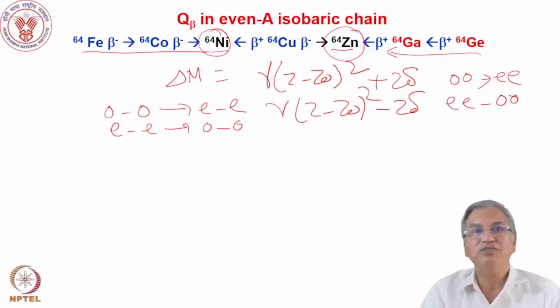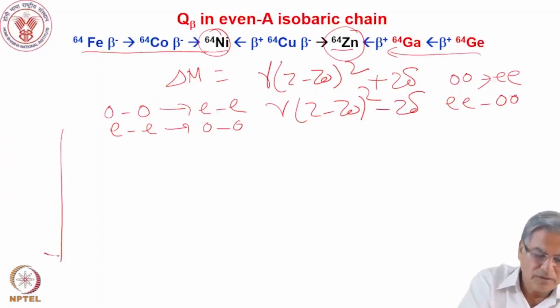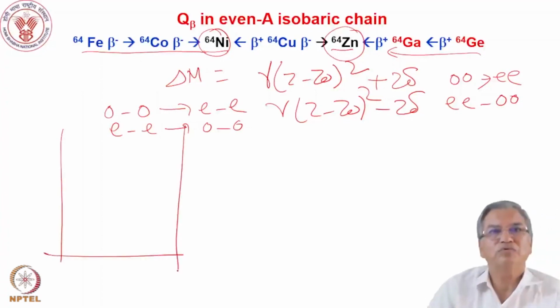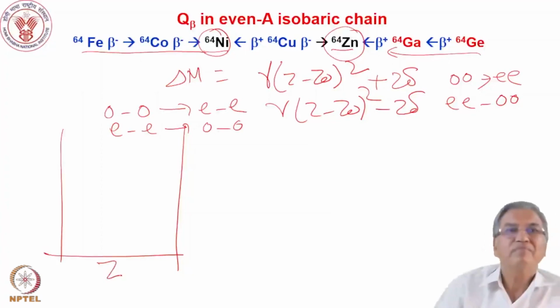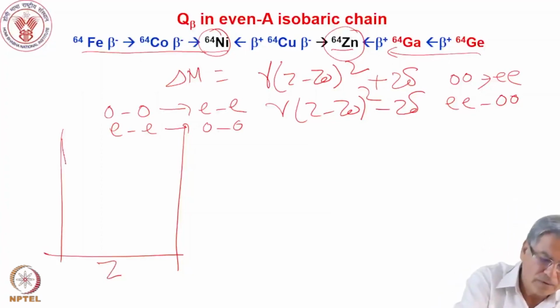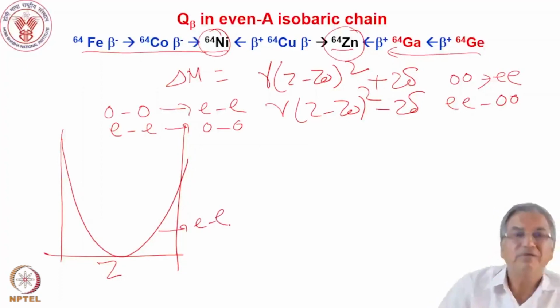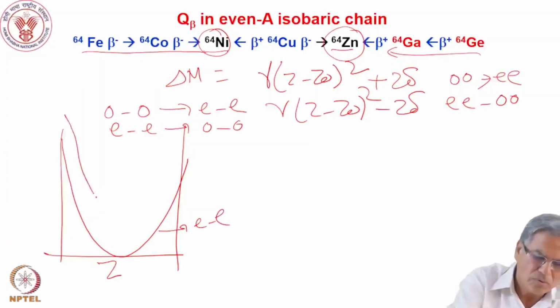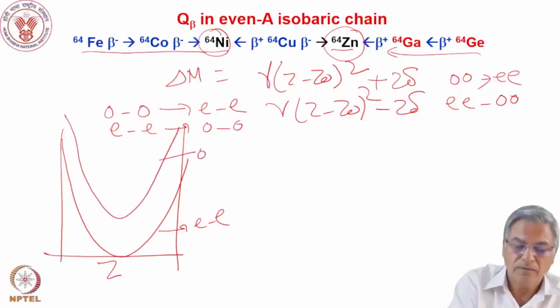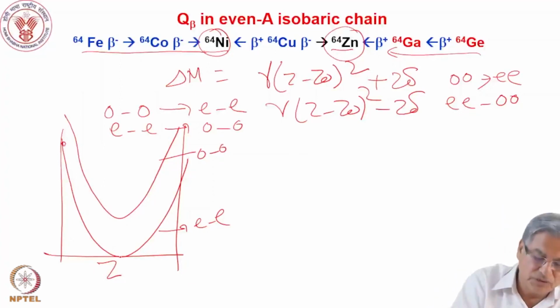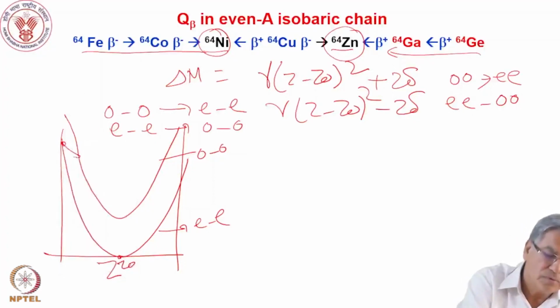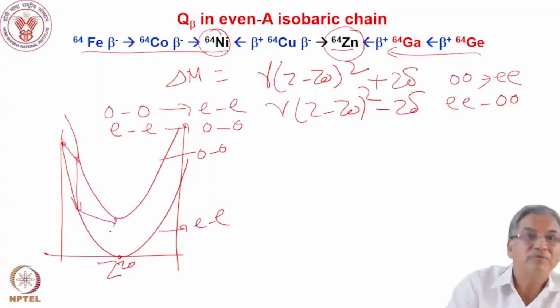So what essentially you have is that, if you see the mass parabola for even A isobars, then you will have two parabola, one for even and one for odd nuclei. And so the beta decay will take place. So this is the Z0, from even to odd, to even to odd, and like that.